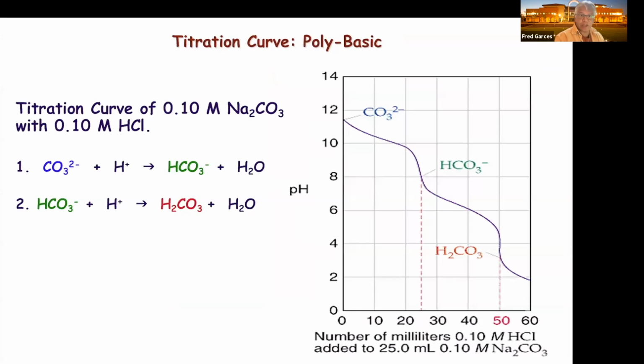Here would be the same situation if you have a dibasic situation. We haven't talked about dibasic much, but dibasics come from polyprotic acids. Let's take, for example, phosphoric acid.